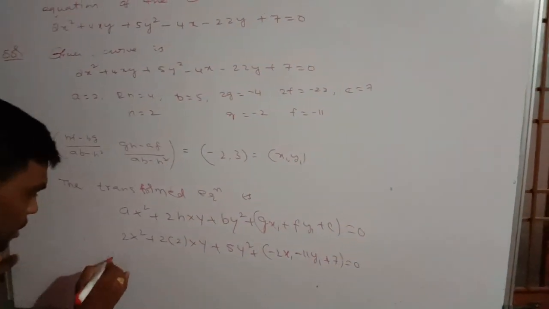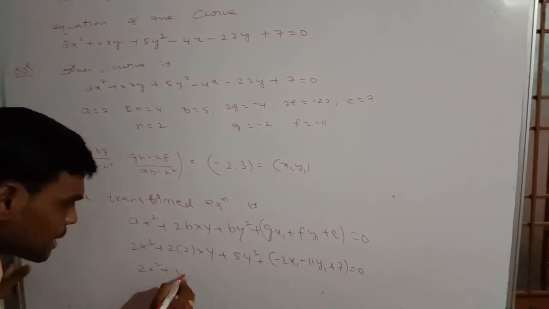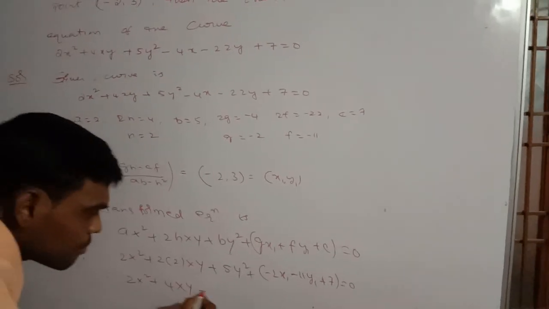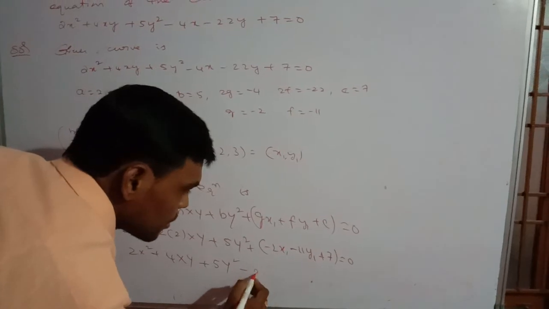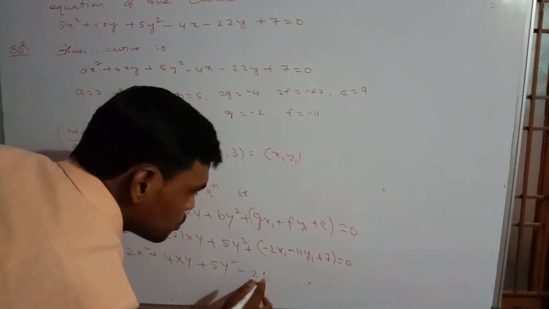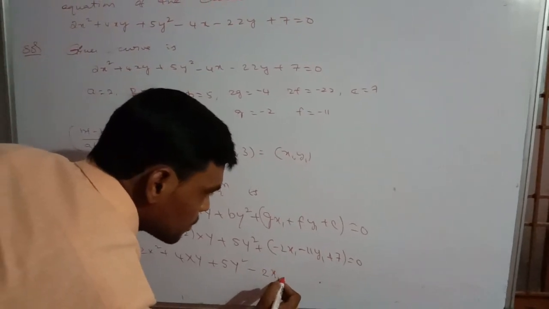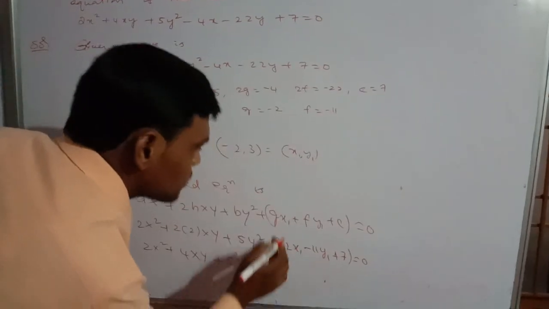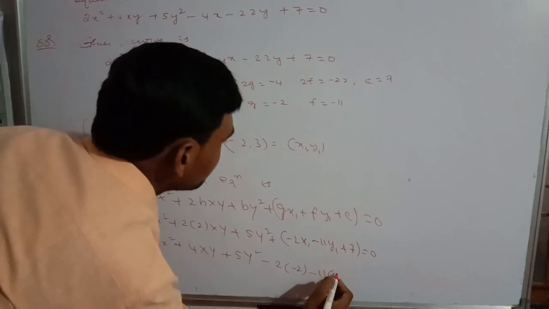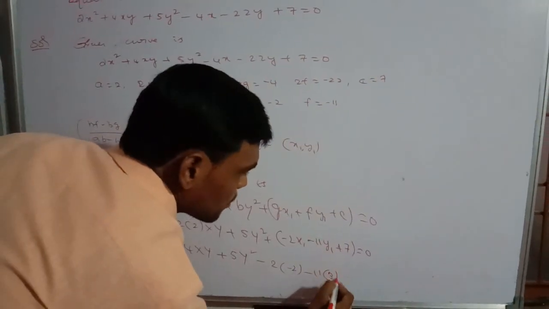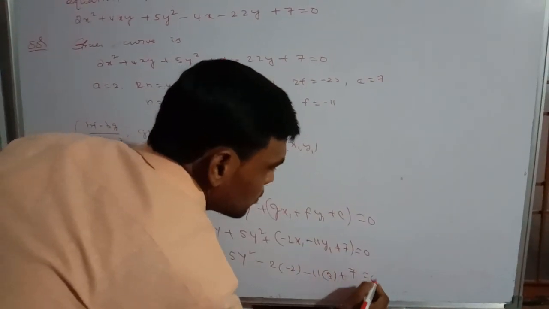Therefore 2X square plus 4XY plus 5Y square minus 2 times x1, which is minus 2, minus 11 times y1, which is 3, plus 7 is equal to 0.